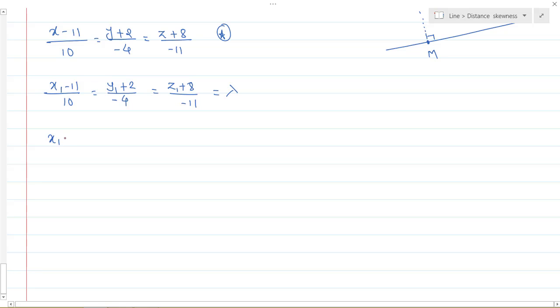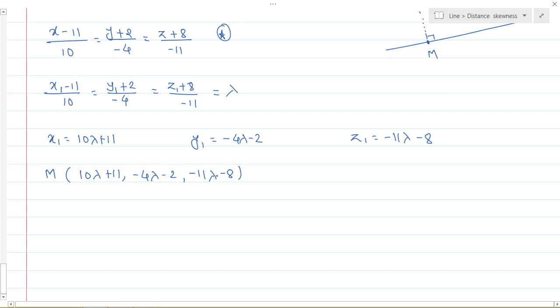So x1 becomes 10 lambda plus 11, y1 becomes minus 4 lambda minus 2, and z1 becomes minus 11 lambda minus 8. So this becomes the coordinates of point M: (10 lambda plus 11, minus 4 lambda minus 2, minus 11 lambda minus 8).